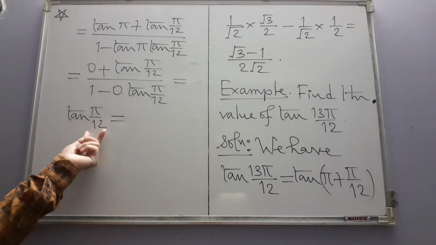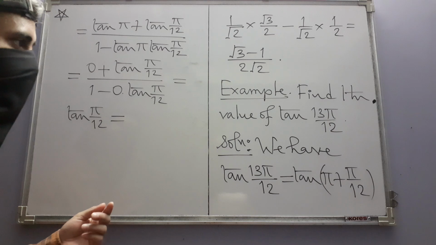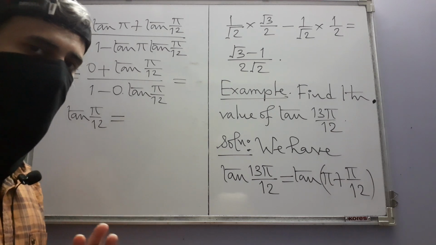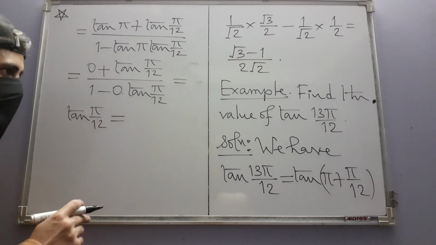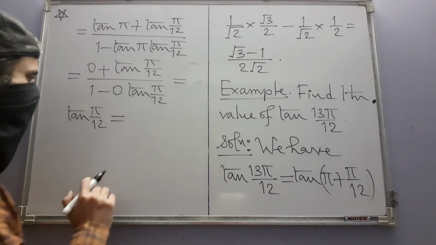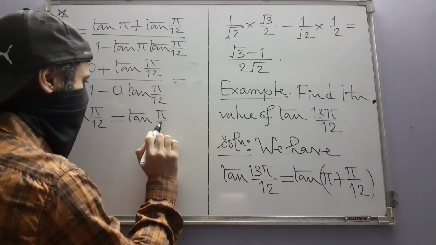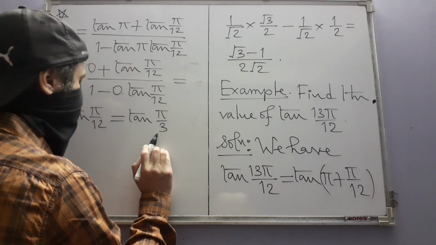We should express pi over 12 as either a sum or difference of known angles, or maybe we have to consider multiples of known angles and their sum and difference. Luckily, it is just a sum.